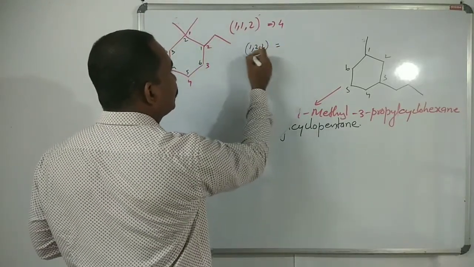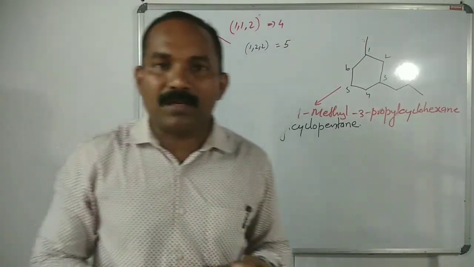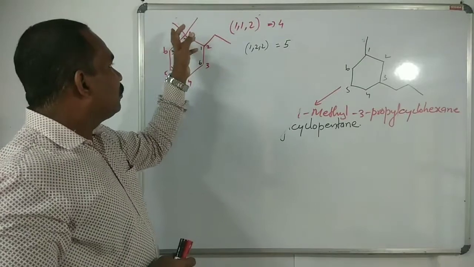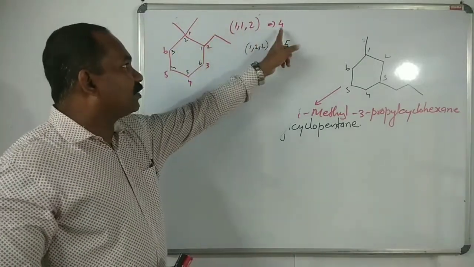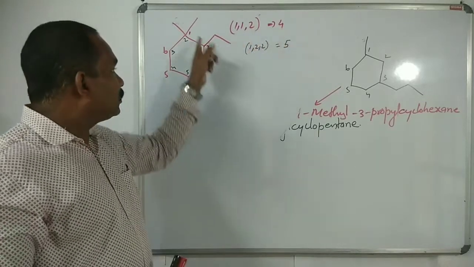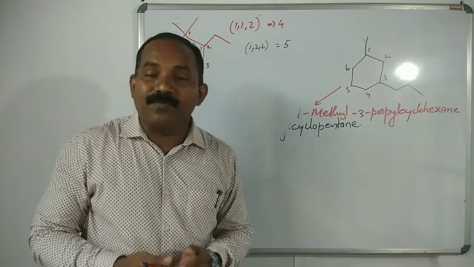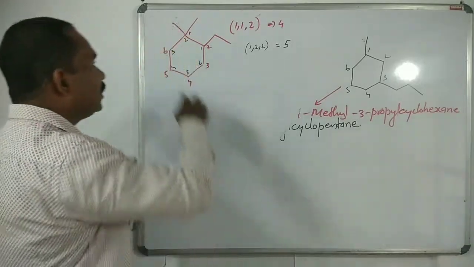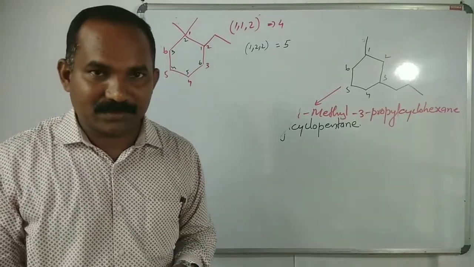What is the sum of this set? It is 5. Are you clear? So while numbering, the lowest sum is 4. In this pattern, the sum is 5. So 4 is the lowest sum. That's why the numbering given by the red pen is the correct one.